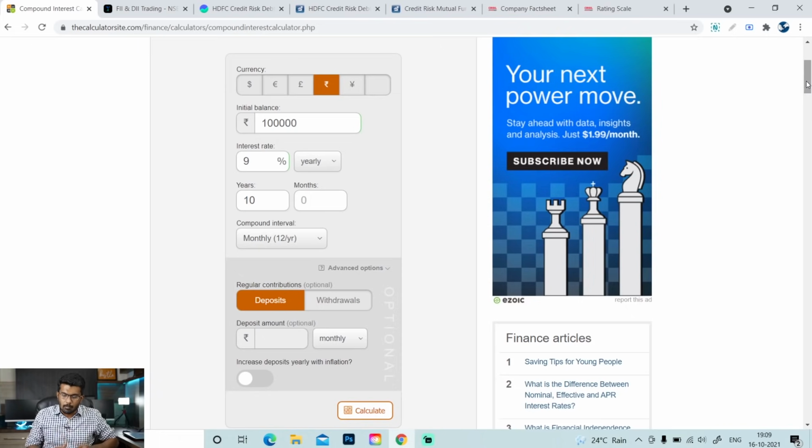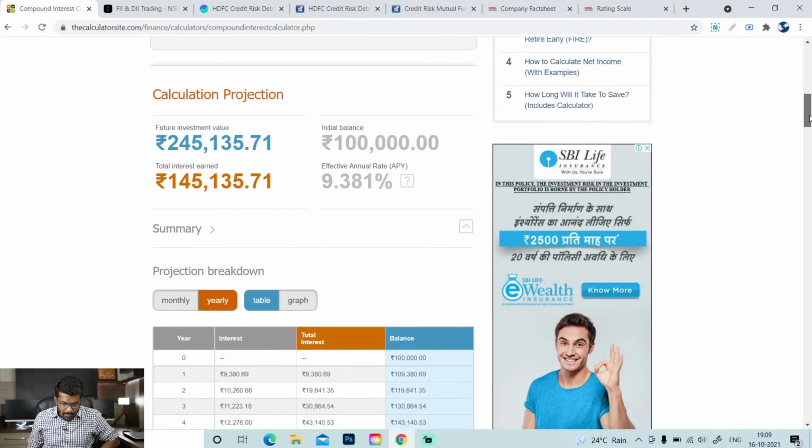If I do it like this, my initial investment of 1 lakh is going to be 2,45,000 at the end of 10 years. So that is more than 100%, more than 150% return on investment without taking any risk.